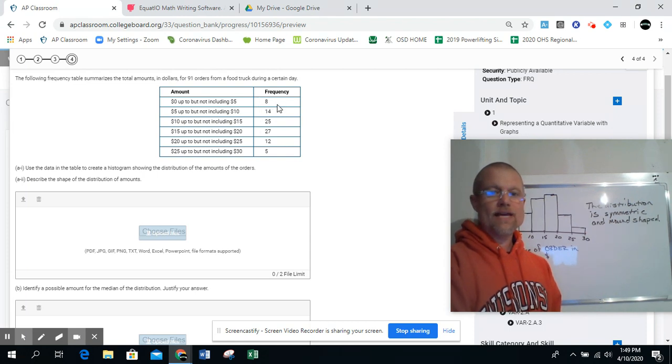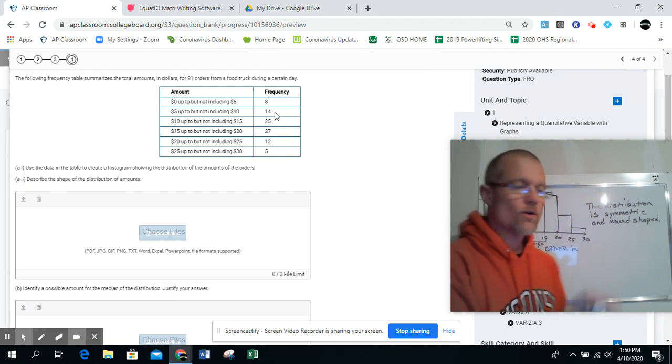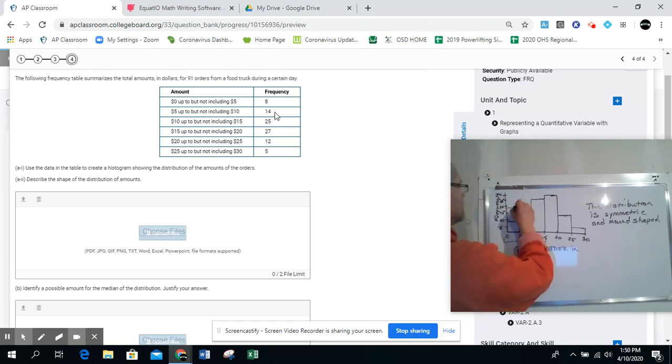So we have 8 and 14 is 22. 22 plus 25 is 47. Okay, so that means that all the way into here, in this section right here, this is 47 scores. In this section right here, this is only 22 scores.